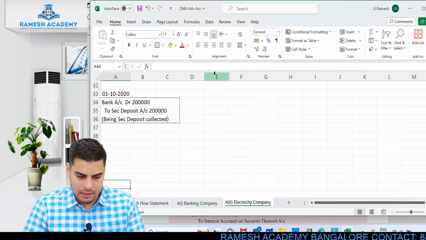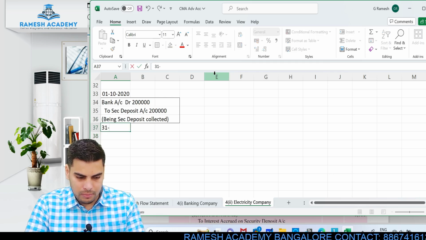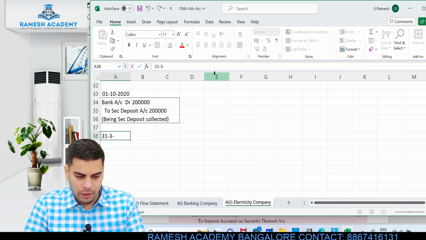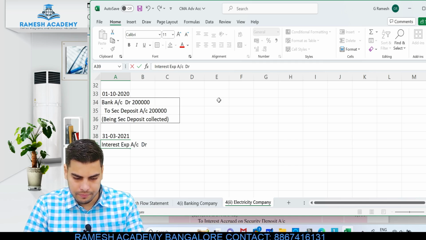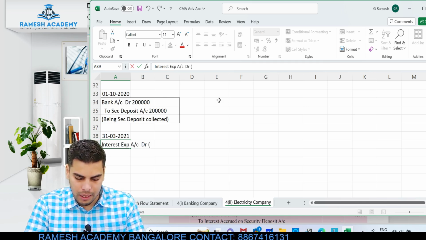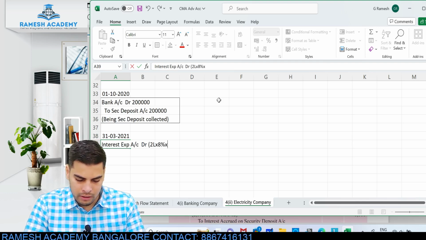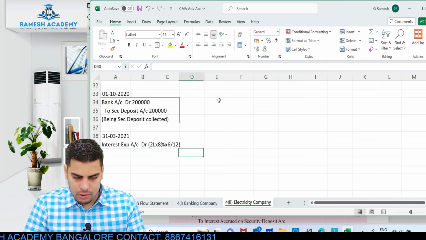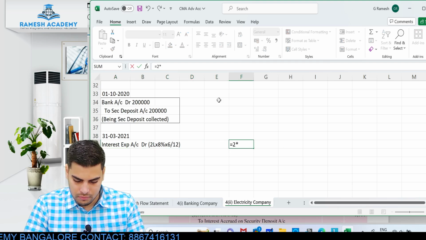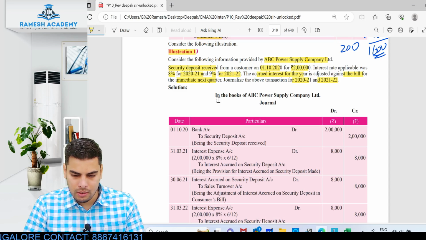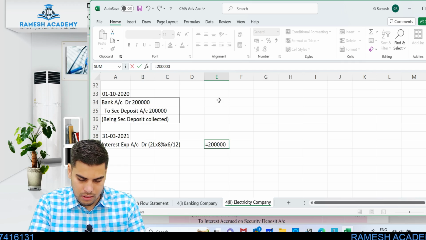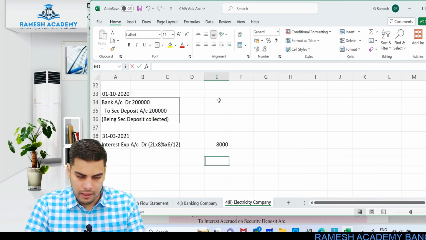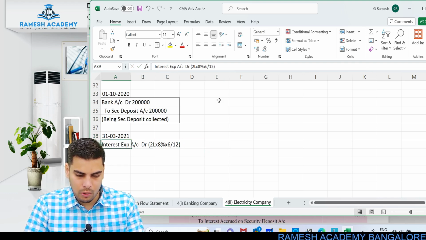So let's calculate this. On 31st March 2021, when interest is payable, what will be the entry? Interest expense account debit, and how much would be the amount? I have collected 2 lakh rupees: 2 lakh into 8% into 6 by 12. So how much do we get? Let's check once. 2 lakh into... 8,000 is what we get.